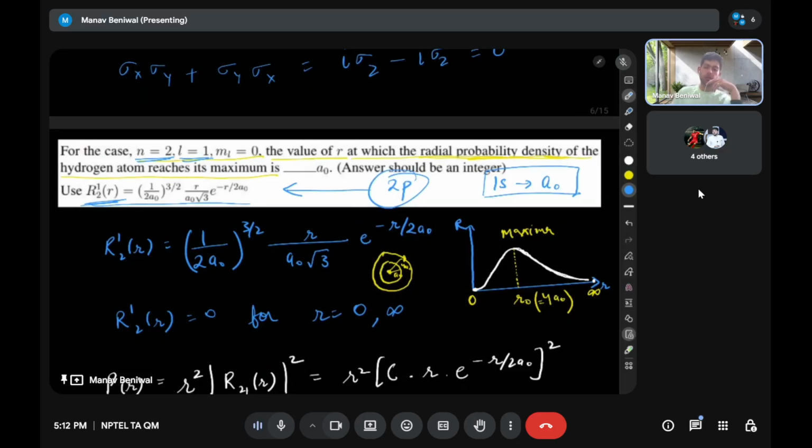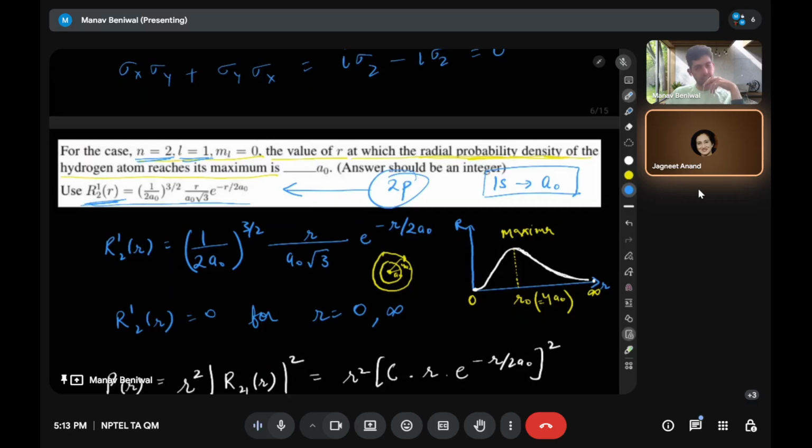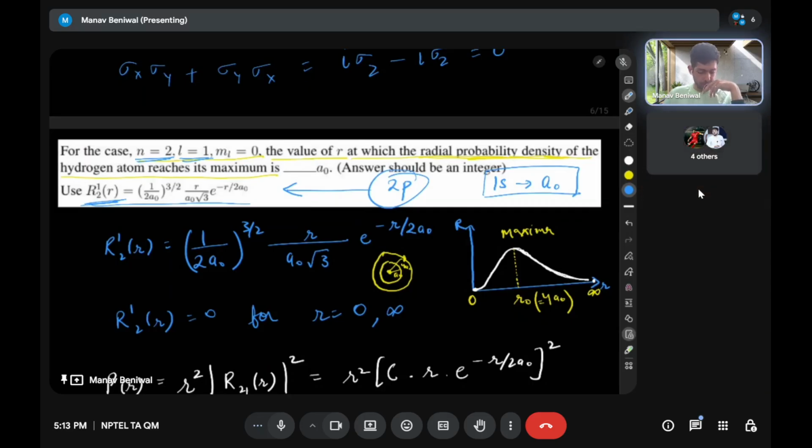There is no m dependence here. m is significant otherwise also, but whether we should consider 0 or give some special treatment to m equals 1 only becomes significant when we have a magnetic field. In the absence of a magnetic field, all three are equally the same. The energy of all three is exactly the same. They are degenerate. Exactly.